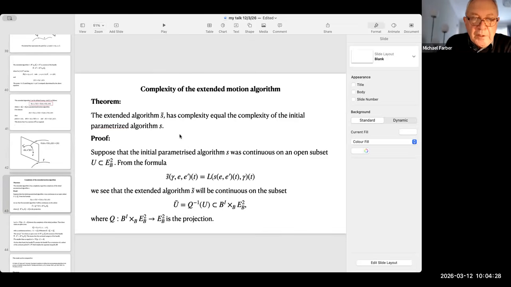Next, I want to state the following theorem. The following theorem says that this extended algorithm has complexity equal to the complexity of the initial parametrized algorithm S. So in some sense, it works in a bigger generality.